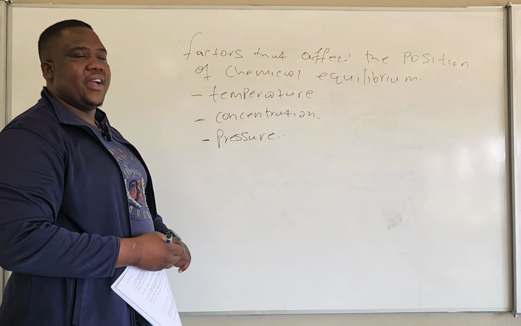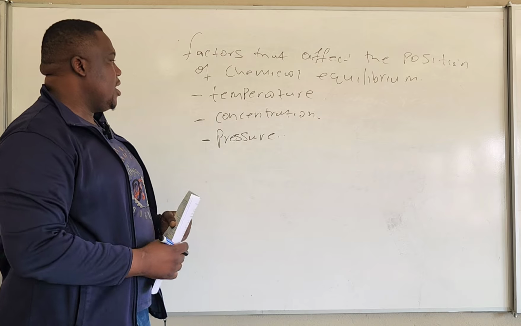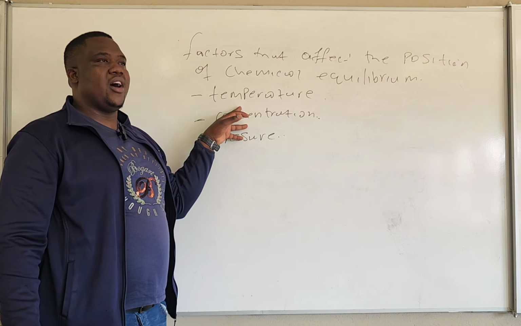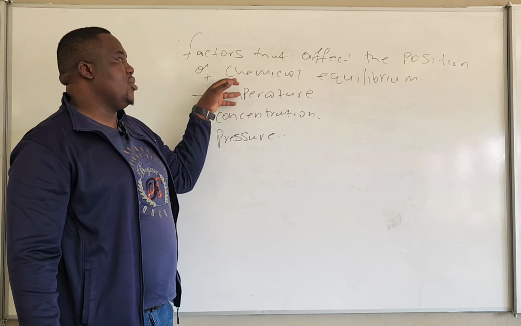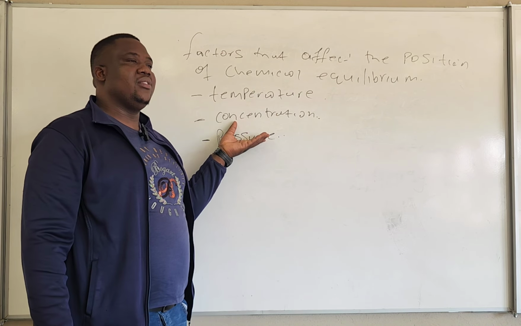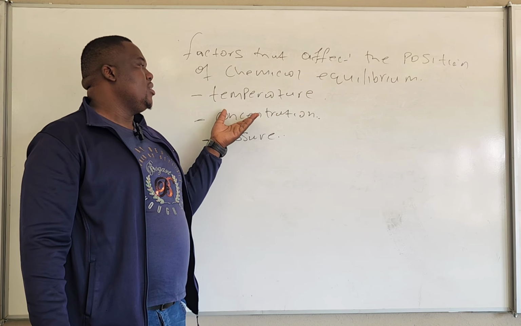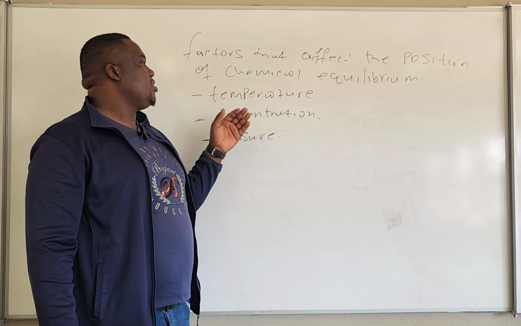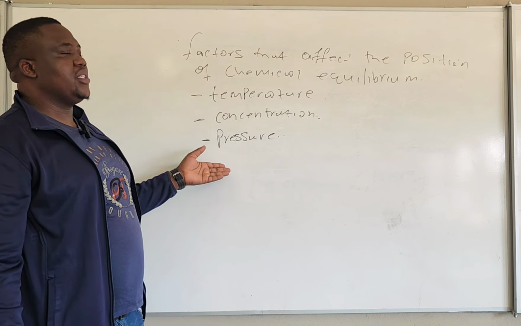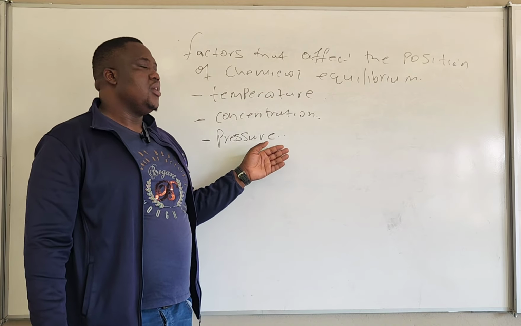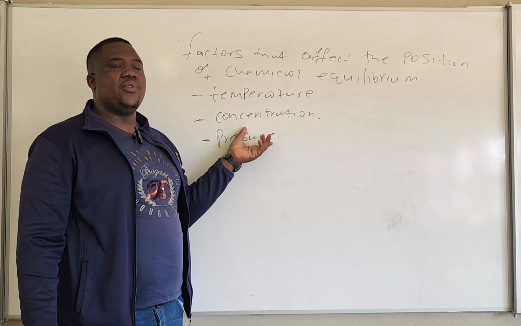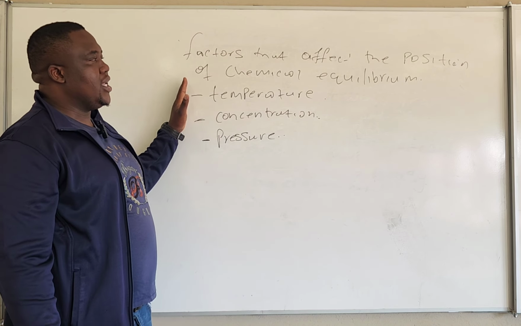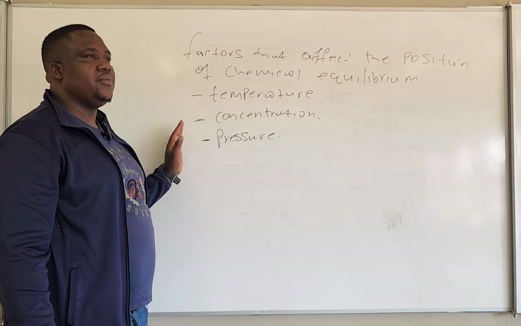Pressure is going to affect gases. Concentration is going to affect things that are aqueous. Temperature is going to affect all. Temperature can affect the molecules of gases and of aqueous substances, so temperature can basically affect everything. But pressure is specifically for gases. So these are the 3 factors that affect the equilibrium position.